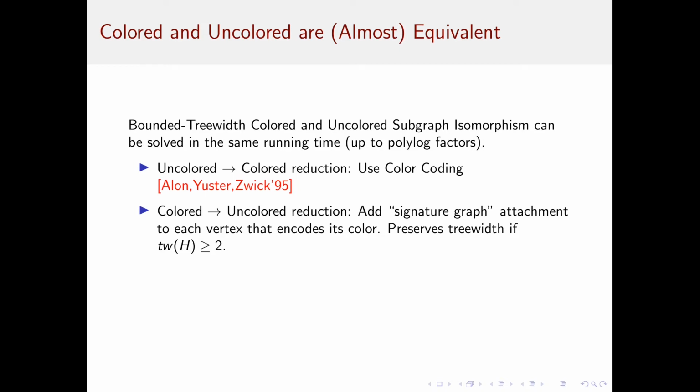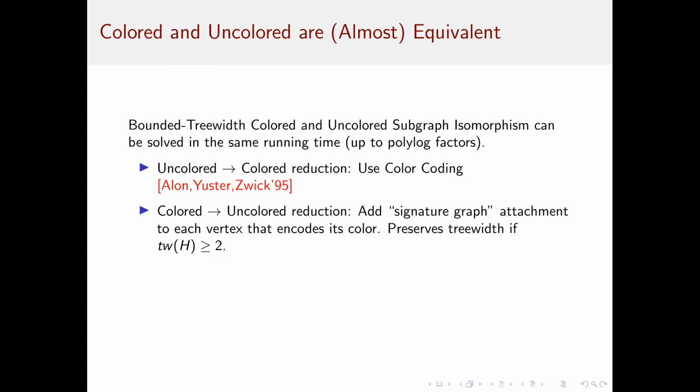Okay, and why are these colored variants important? Well, it turns out that colored and uncolored subgraph isomorphism for bounded treewidth pattern graphs are basically equivalent. The first direction of this was known. It can simply be shown using color coding. And the second direction is something that we prove in our paper.